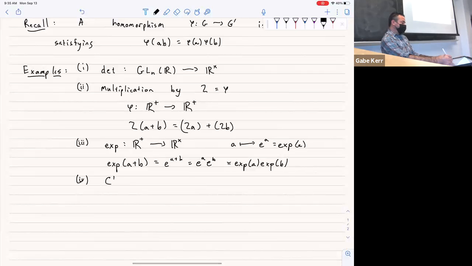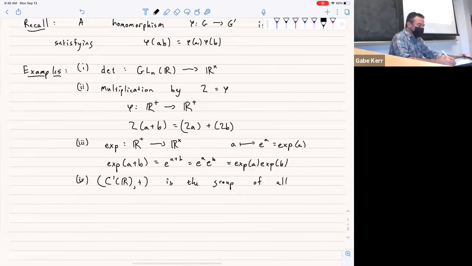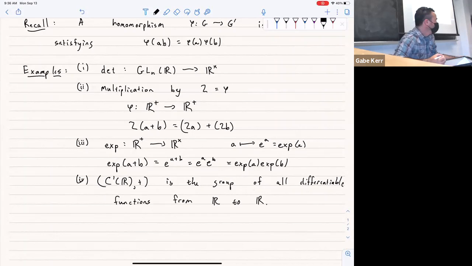Let's call this, and I'll write this with proper terminology, the group of all differentiable functions from R to R. In Calculus 1, you learn about these functions, and you can add them: you have two functions, and you just add the values of the two different functions. And of course, that actually forms a group.